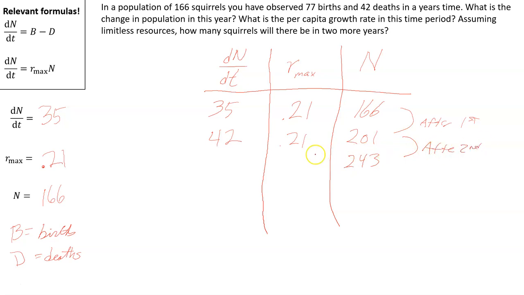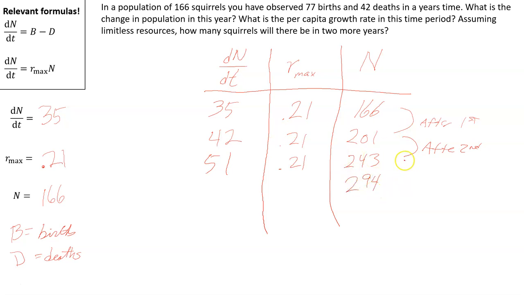After the second year. Okay, 0.21, still our same growth rate. 243 times 0.21 is going to give us about 51 individuals, 51.03. Okay, so let's add these one more time. 243 plus 51 is going to give us 294.